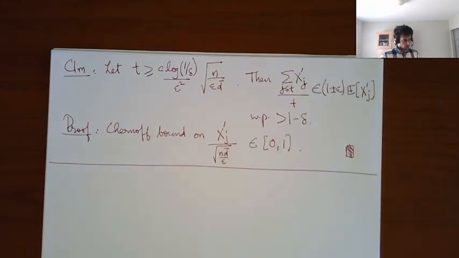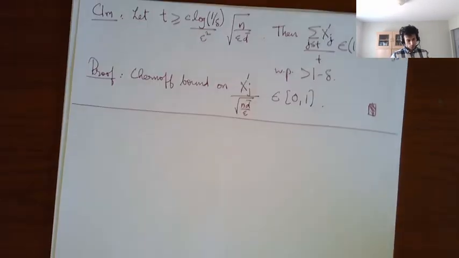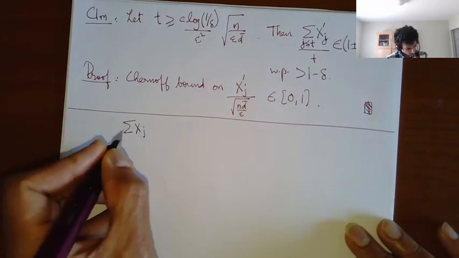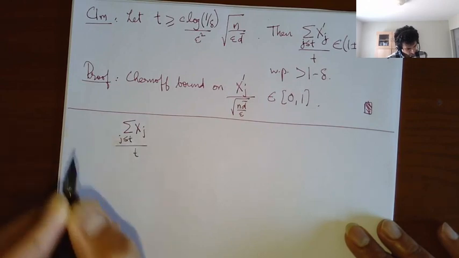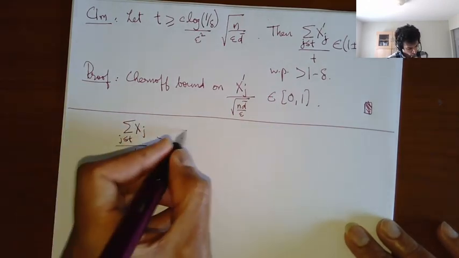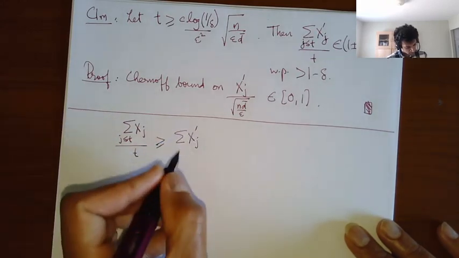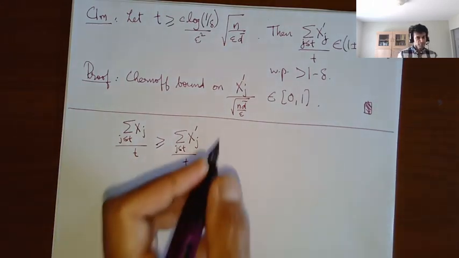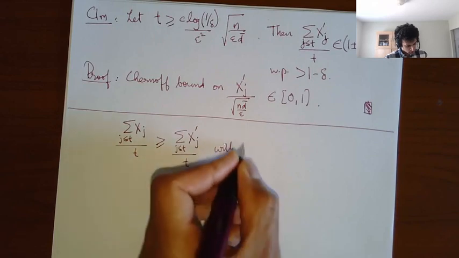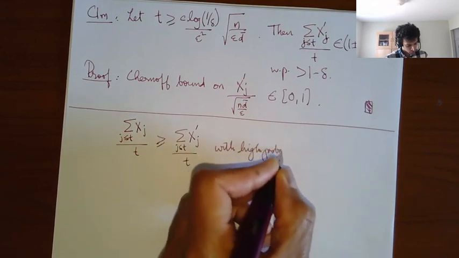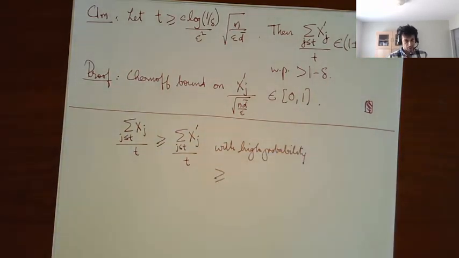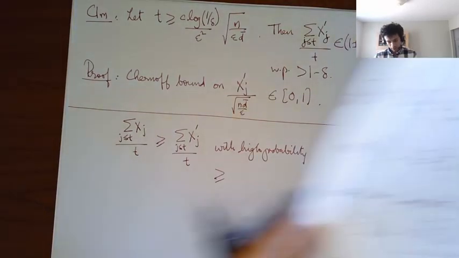Okay, so what we have at this point is we know that the summation of xj divided by t is going to be at least the summation of xj prime divided by t, and this, with high probability, is going to be at least, remember, let's go back to what we know.